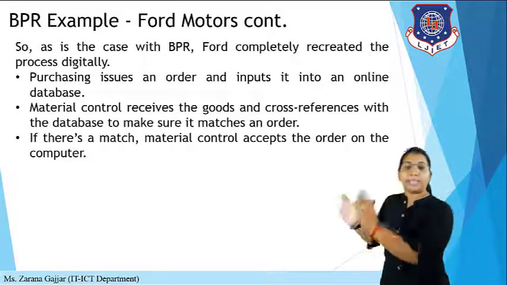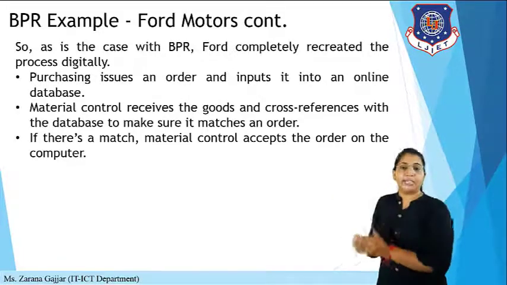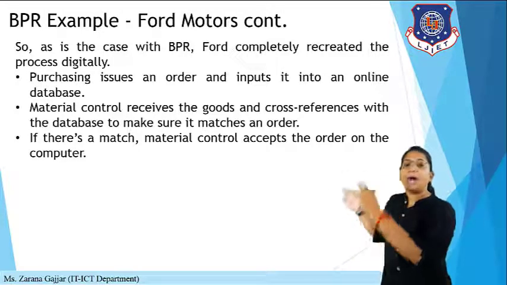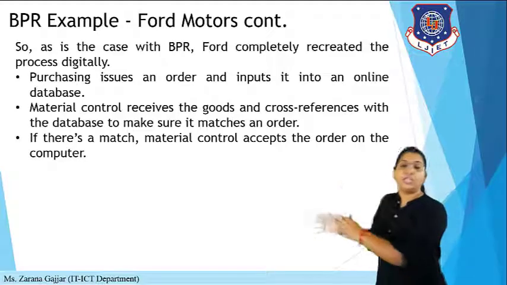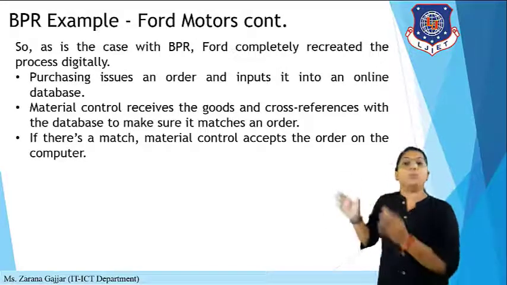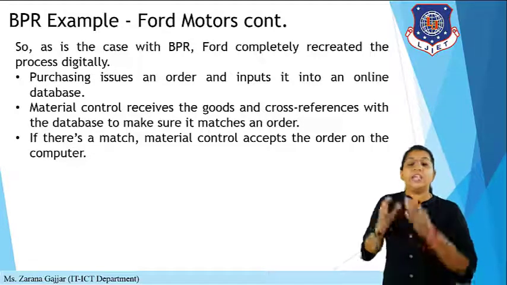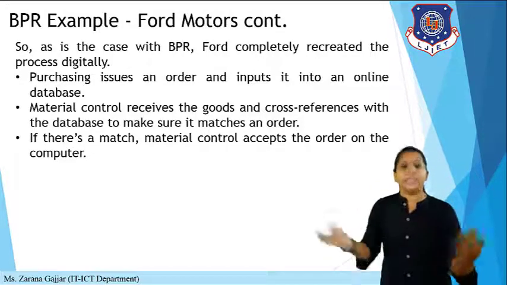For example, if there is a Parle-G biscuit section with 10 Parle-G packs, once a customer buys one, it is automatically cut from the inventory. This is how you can make it digital.